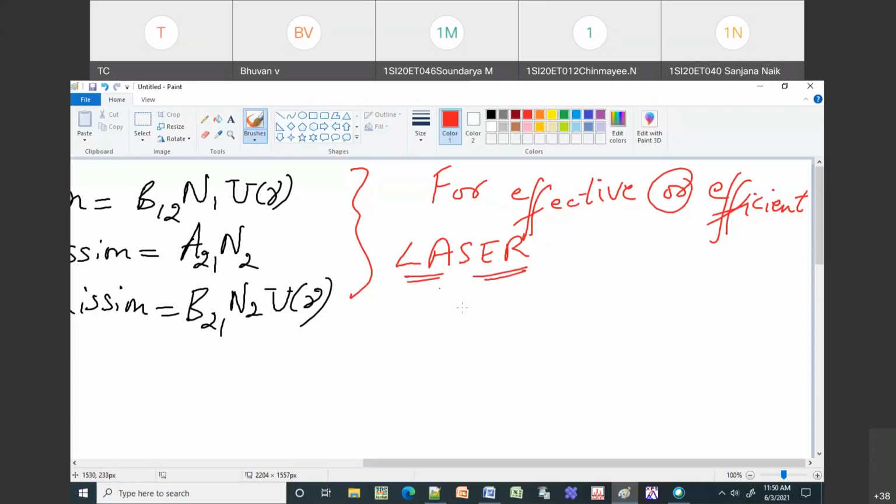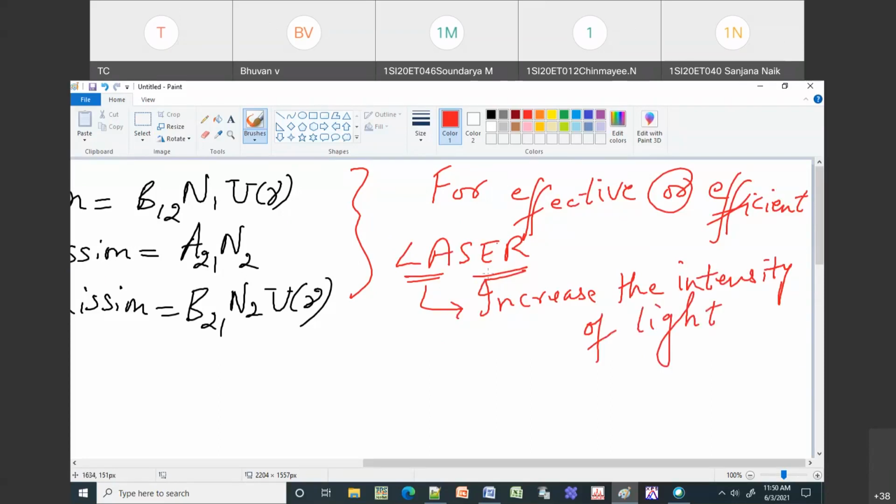So you need to have more light amplification. Light amplification means you need to increase the intensity of light. How do you get this increase of intensity of light? Only through stimulated emission. So out of these three, you need more number of stimulated emissions compared to the other two.